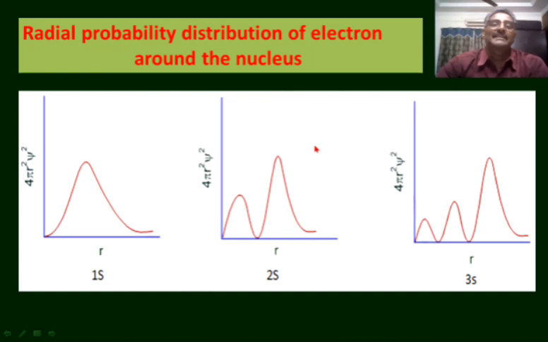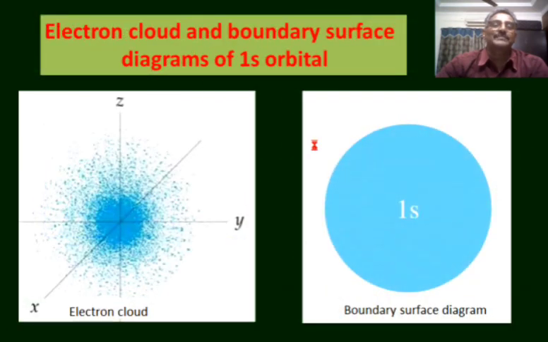But the density of the dots is not the same at all places around the nucleus. At some places, the density of dots is more, and at some other places, the density of dots is less. You can observe the different values of electron densities, that is, densities of dots, in this region.